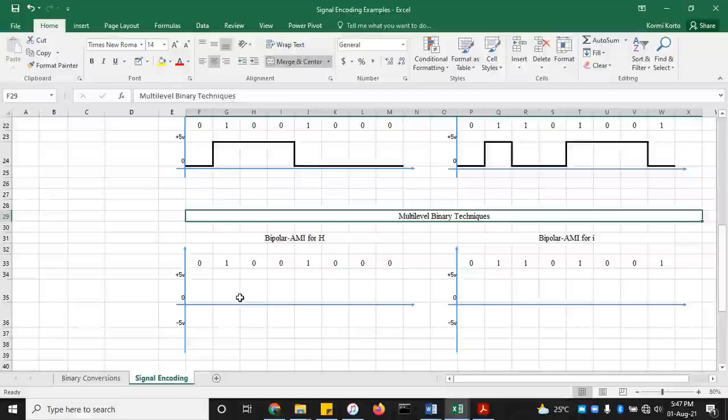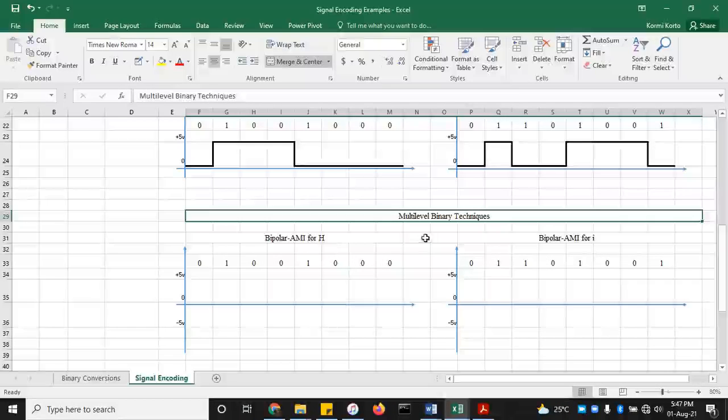Hence the multi-level. We're switching between two completely different voltage levels, a positive and a negative. So I do have my plus 5 voltage and minus 5 voltage.